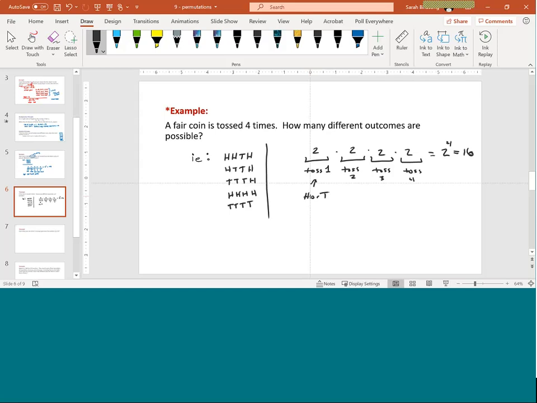And notice 16 is a small enough number that you could have done that one by hand. Even if you didn't do this work right here, you could have written all of them out if you wanted to.